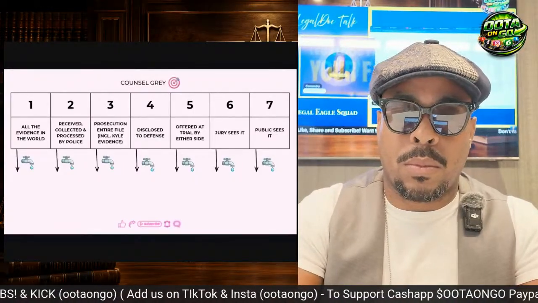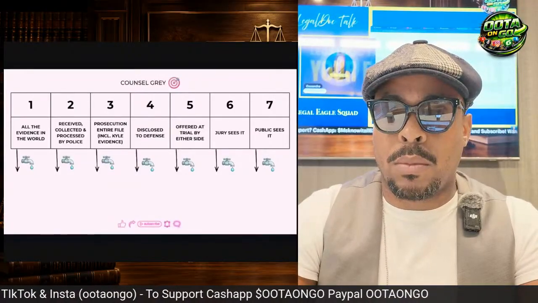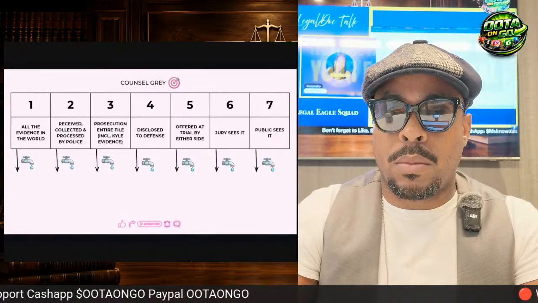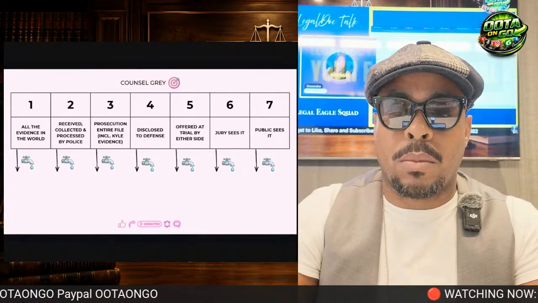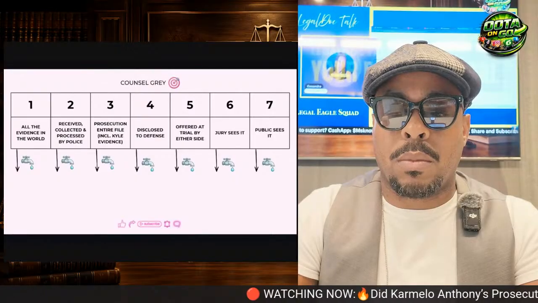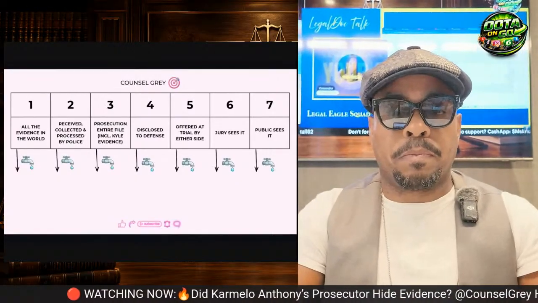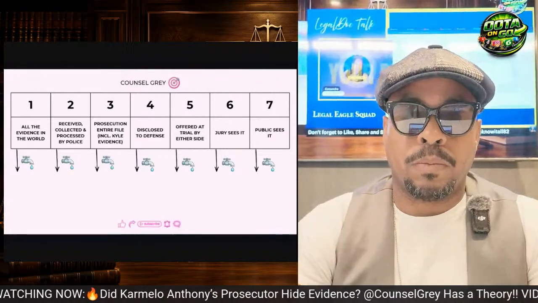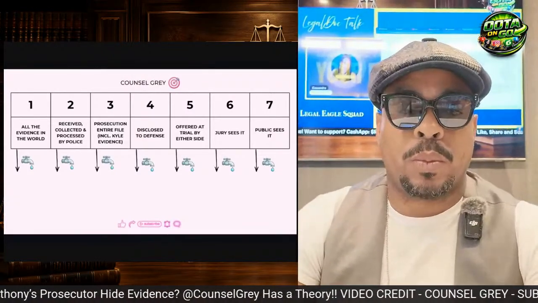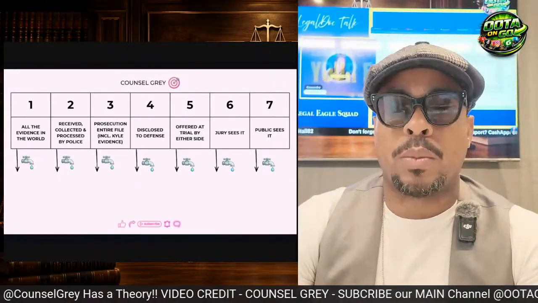And then you split that in half, and you have everything in the world that could bear on this case, and then you have all the other stuff that's totally irrelevant. Okay? So some portion of that big universe of evidence is going to be received, collected, and processed by the police. So I'm going to walk you through these 7, and then I'm going to show you how evidence gets eliminated, right? How this circle gets smaller and smaller and smaller.